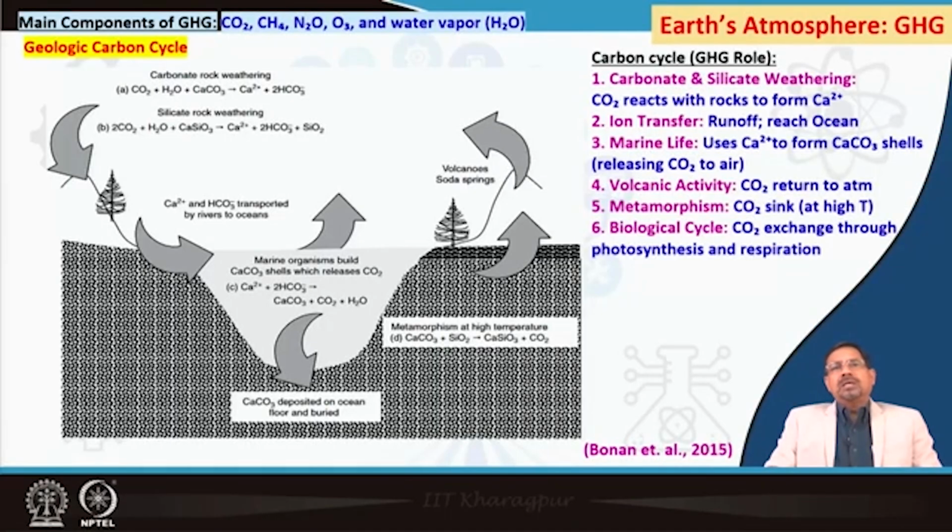So, carbon dioxide reacts with rocks to form calcium ions in both cases, and in terms of silicate you get silicon dioxide. That means ion transfer, these bicarbonate ions are leached, okay.